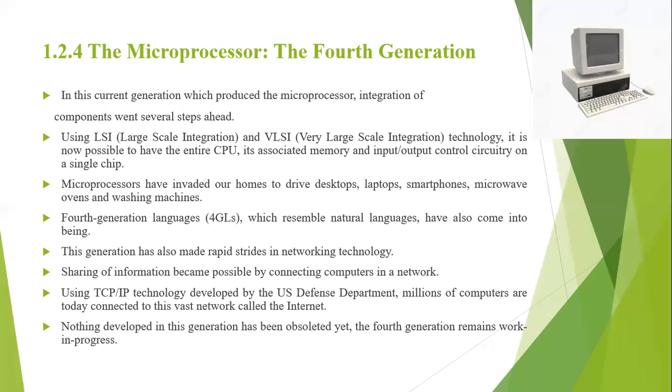Microprocessors are also used in laptops, smartphones, microwave ovens that are used for cooking, and washing machines, as small chips for control purposes, on and off, and for showing different signals, whether the machines are working properly or not. If there are any problems, then they will show different colored lights.